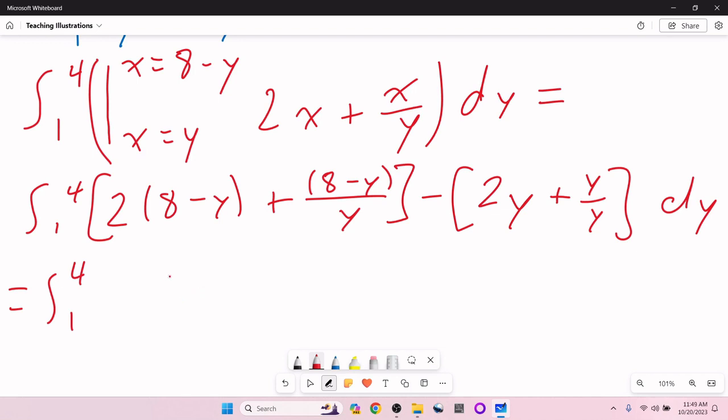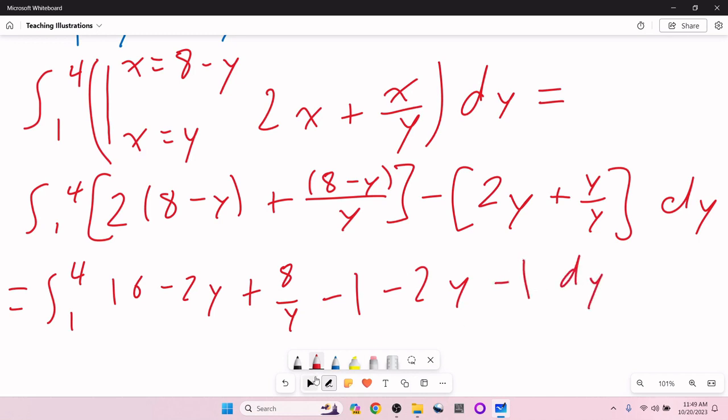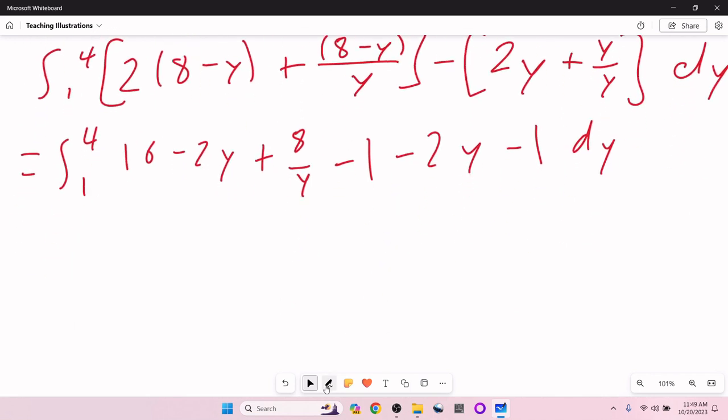This becomes 16 minus 2y plus 8 over y minus 1 minus 2y minus 1 dy, which is then from 1 to 4 of, let's see, 16 minus 1 minus 1, so that's 14.